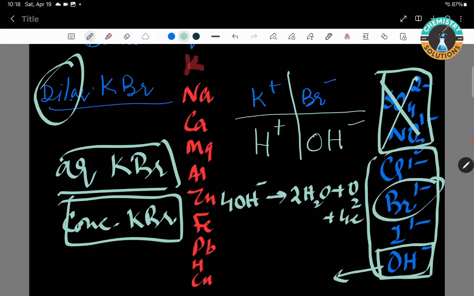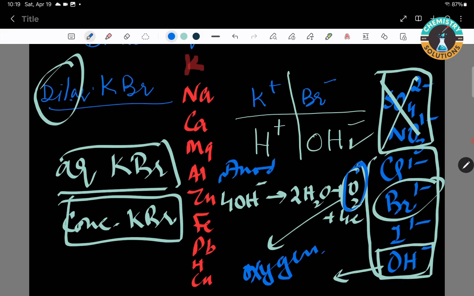But here it is dilute, so the hydroxide ion will go and give us the product, oxygen. Oxygen is produced in this reaction. Always remember, this is the negative ion, so it will go to the anode.